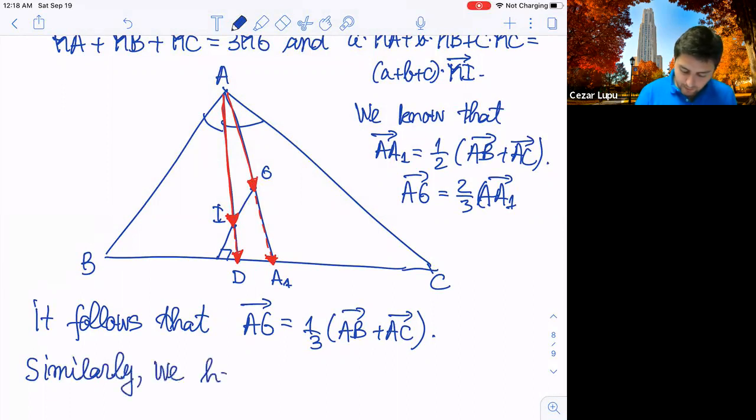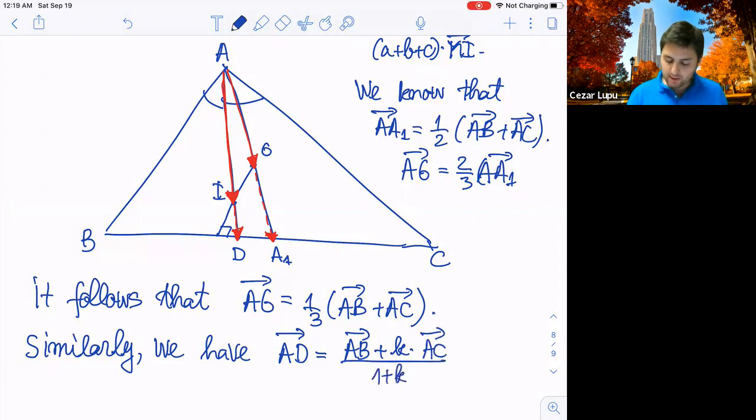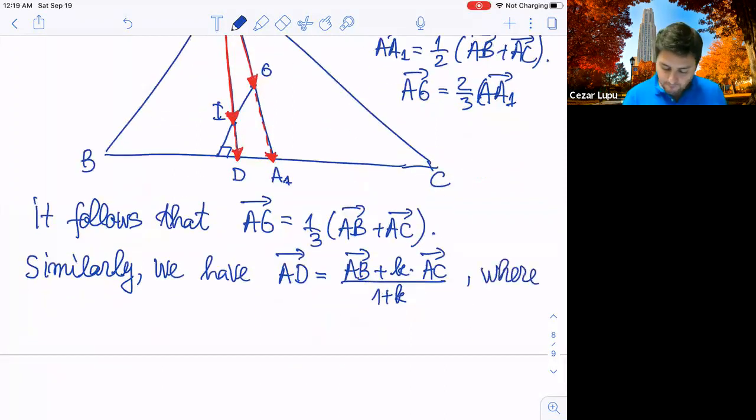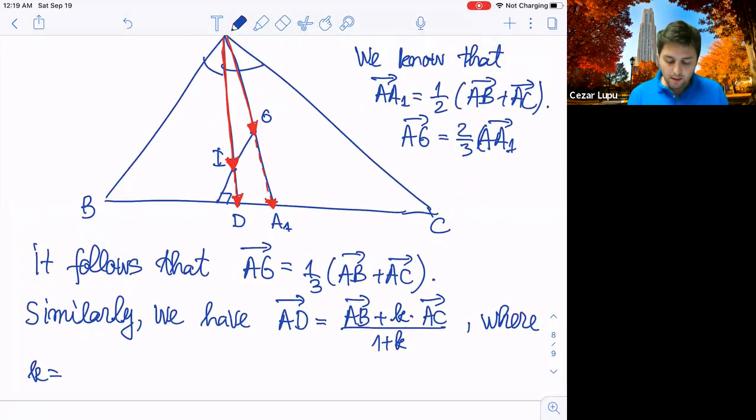We have that AD vector is AB vector plus this number k, and we'll determine what this is, times AC vector times 1/(1 plus k). And this k is given by BD over DC.